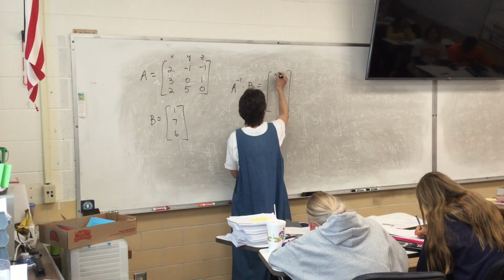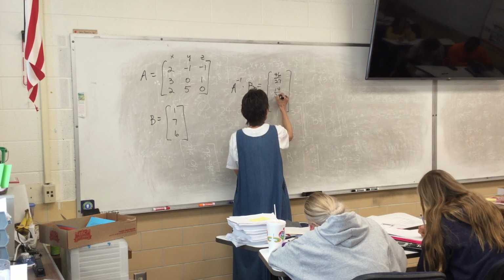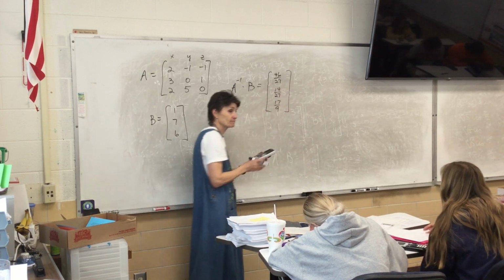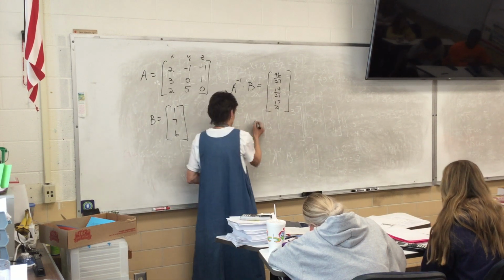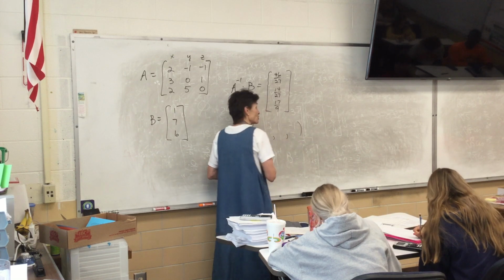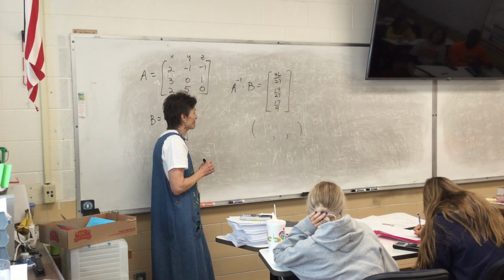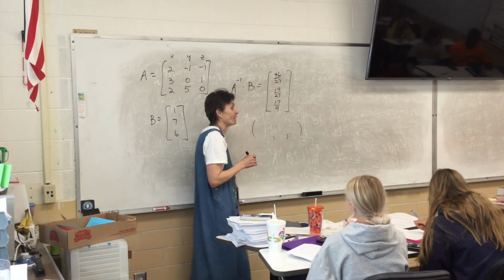So did you get 46/27, 14/27, and 17/9? So could that be the inverse is 27? You mean the determinant? Determinant, yeah. My guess is yes. It could also be a multiple of 27 if this happened to also reduce.